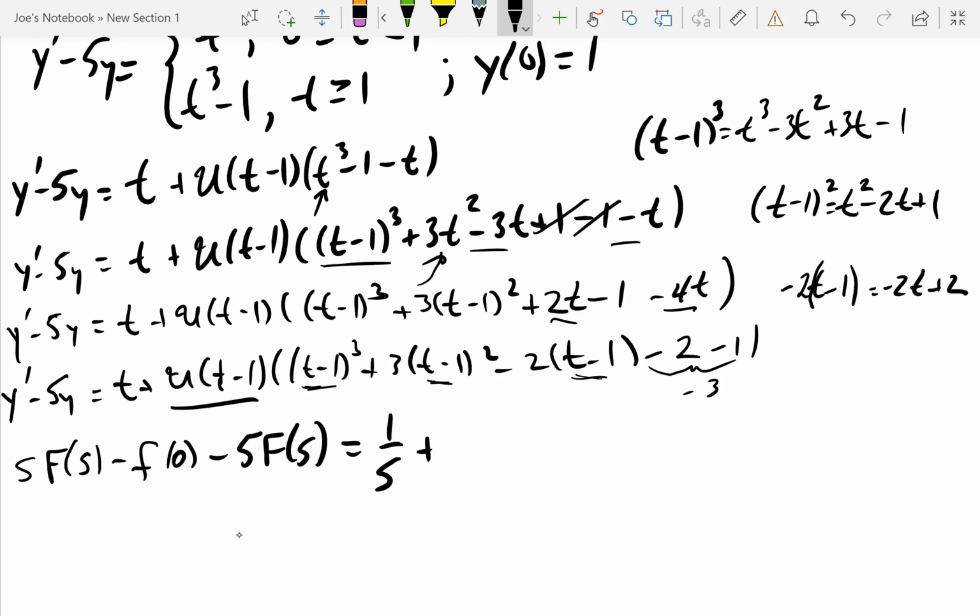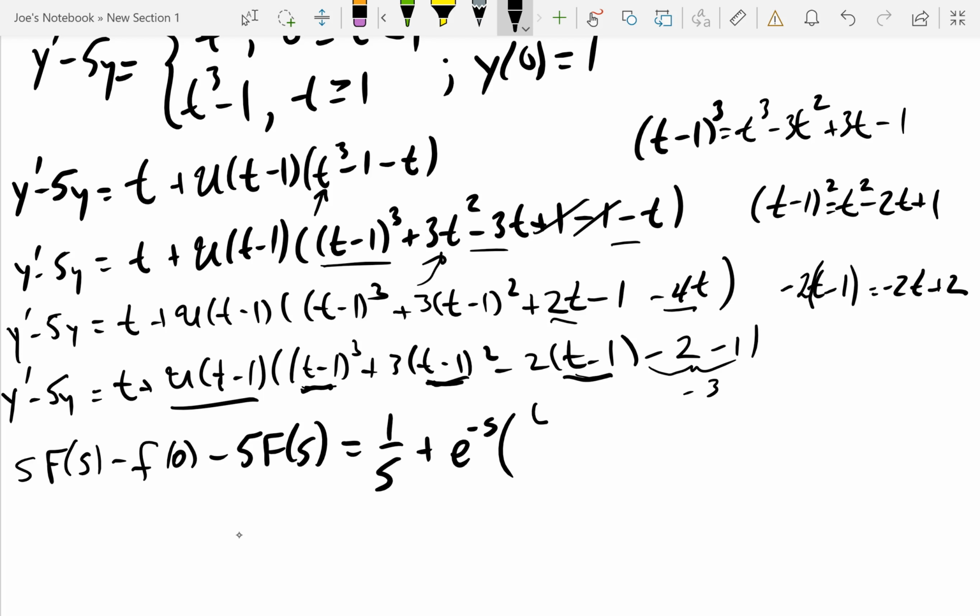And we're going to treat each of those like it's the variable when we do the Laplace transform. So for the unit step function, we'll have e to the minus s in front, because our a, remember t minus a, is e to the minus sa. And then we treat this like it's the Laplace transform of t cubed, t minus 1, t squared, sorry, t, and just the constant.